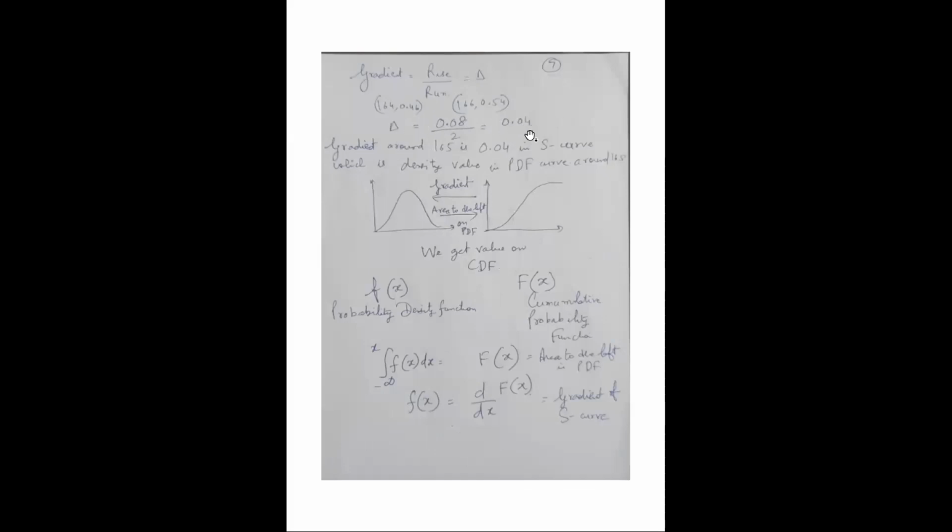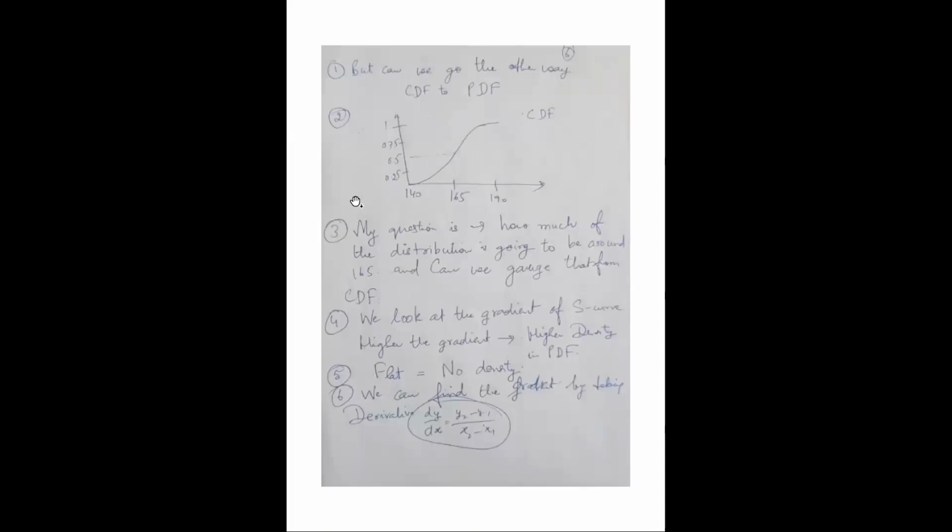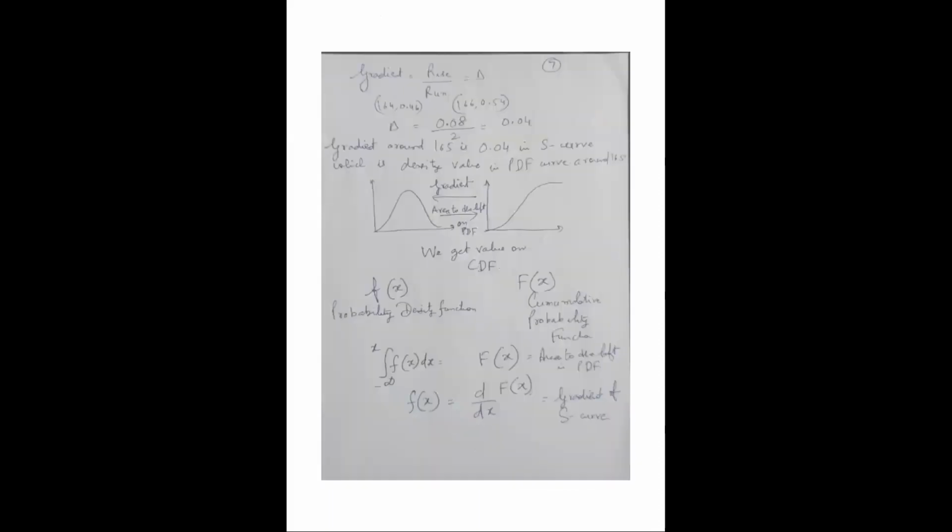So the gradient is 0.04. And if you look at the starting example, 165 had the probability density as 0.04, right? From the cumulative distribution function, we have now found through the gradient that this value is 0.04.